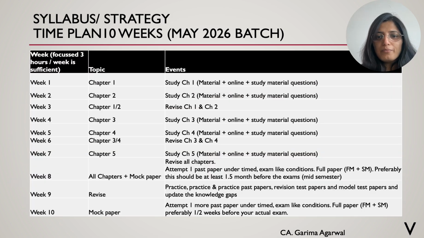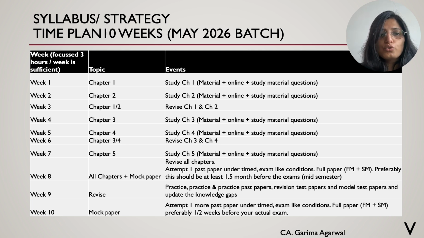This is basically a very important slide. It gives you a structure to prepare for the SM course. It can be completed within 10 weeks with not more than 3 hours of focused study per week. So most important, you need to know that 3 focused hours per week is sufficient for you to pass the exams and even excel in them. So week 1 will cover chapter 1.